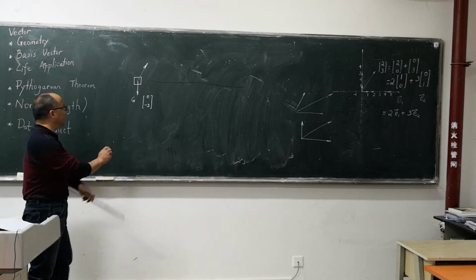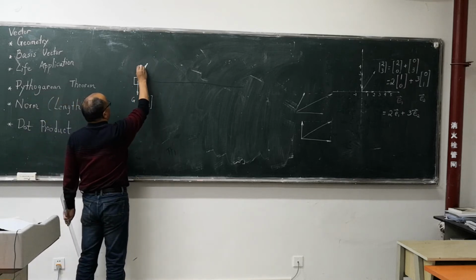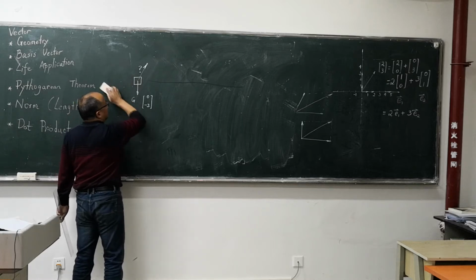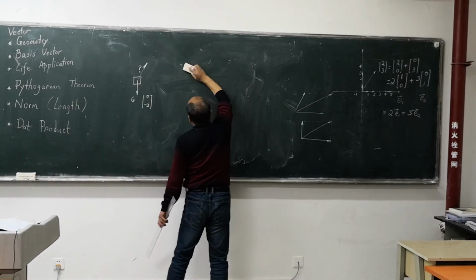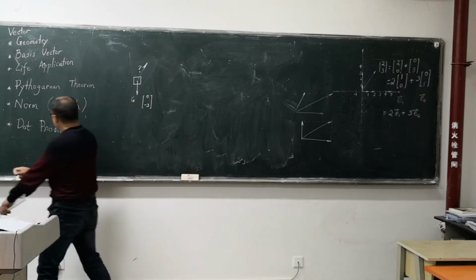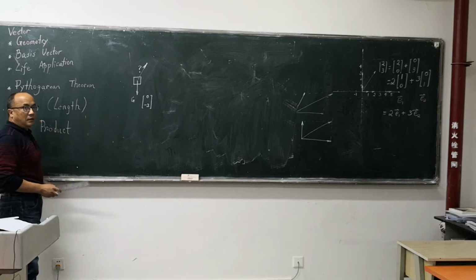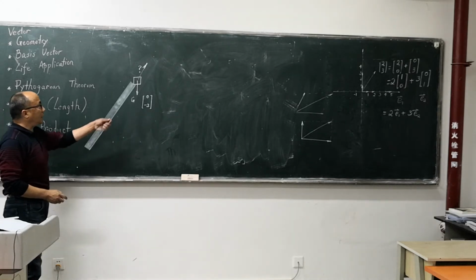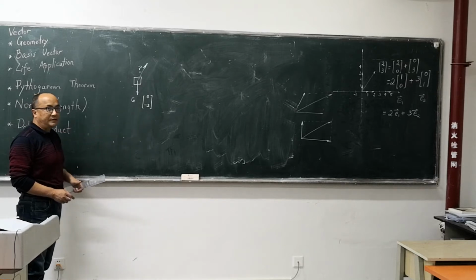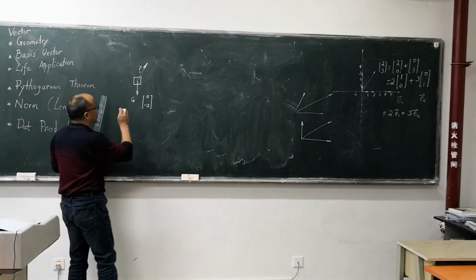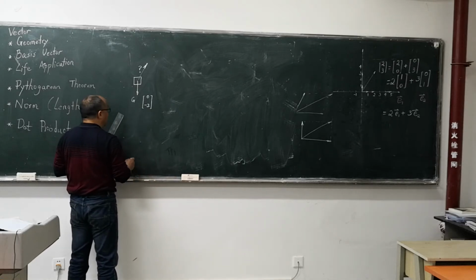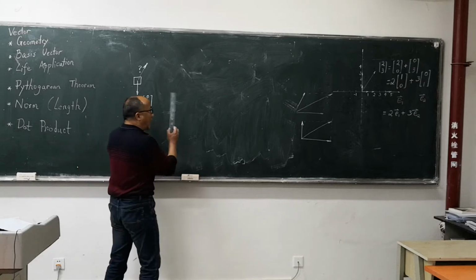What should this one be? We can look at it as two components, like dissecting out.